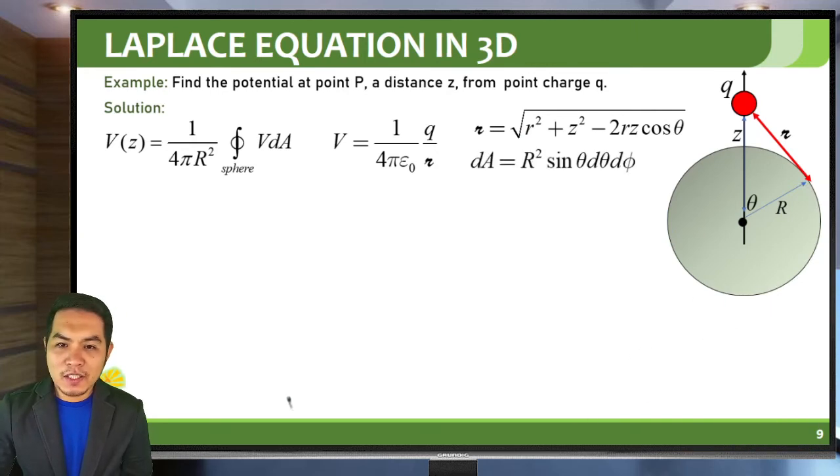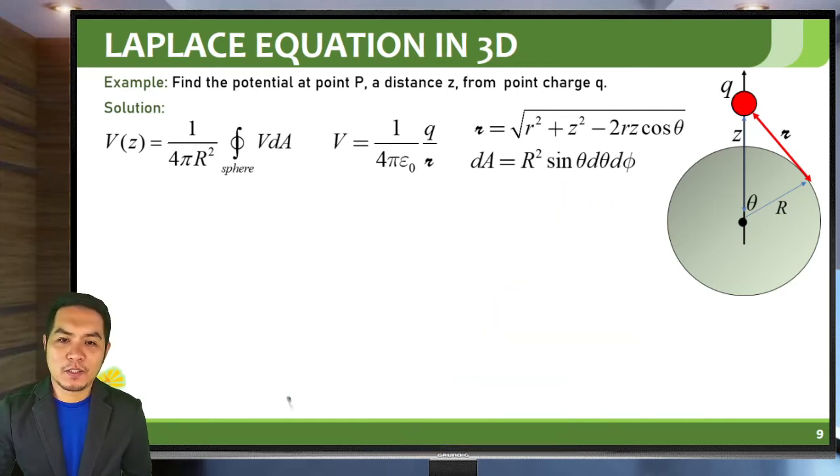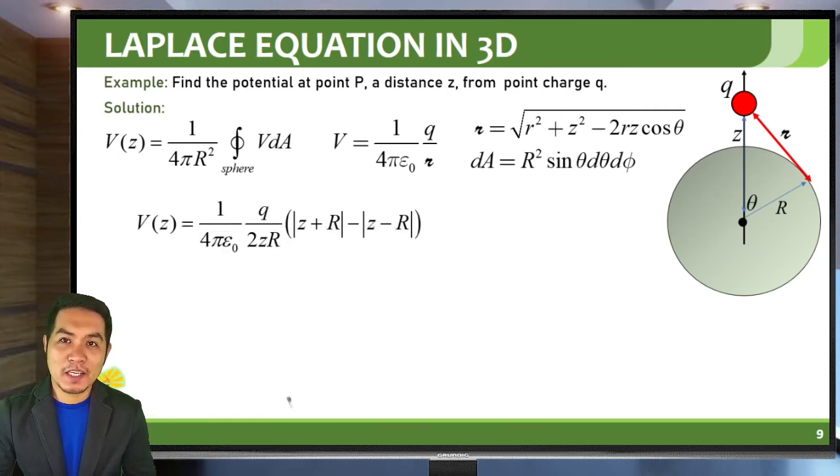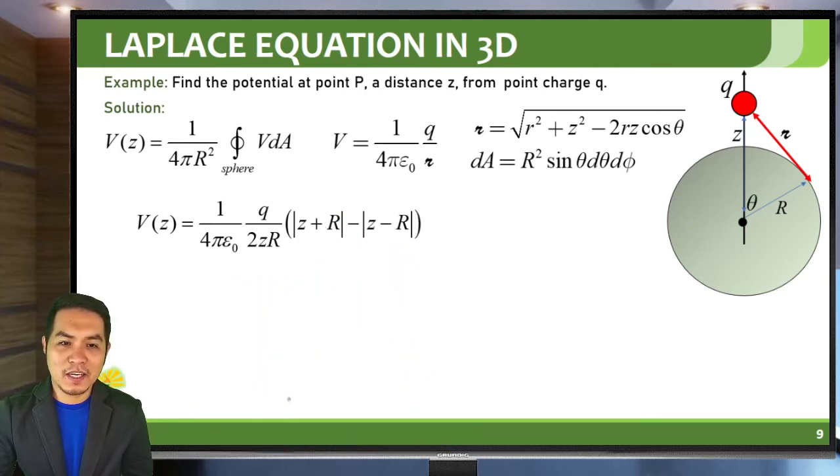Again, dA here is our differential area in spherical coordinates. We have actually encountered this kind of problem before. I presented a similar equation at the start of this lesson.